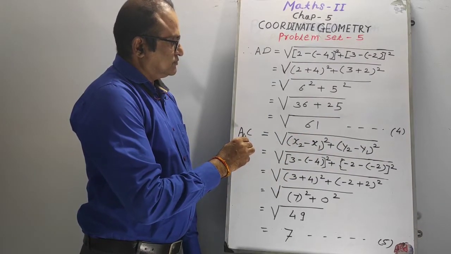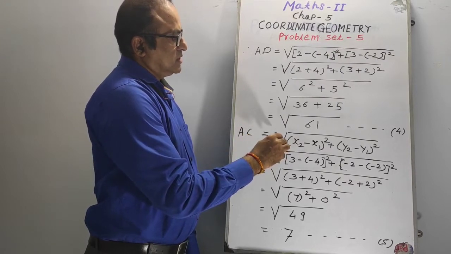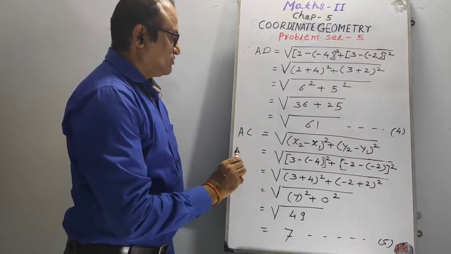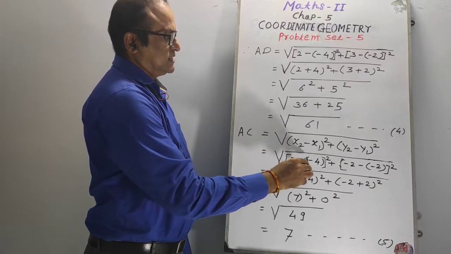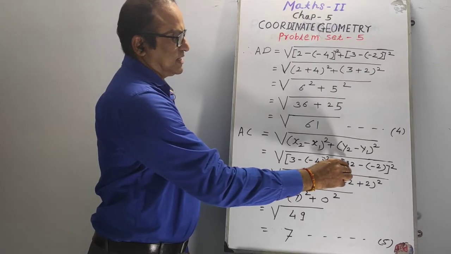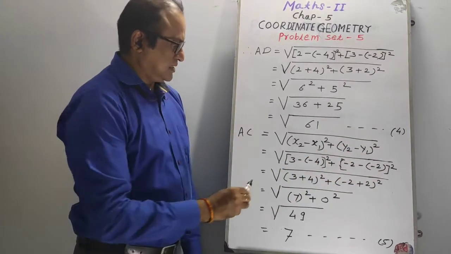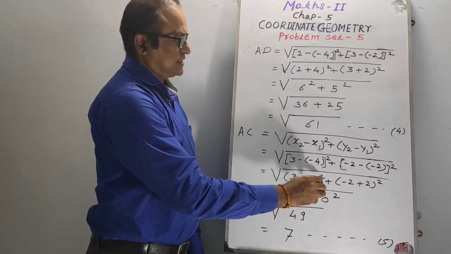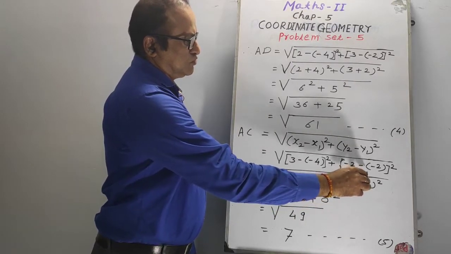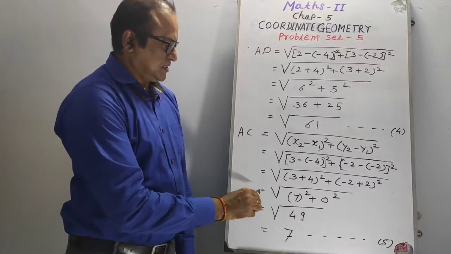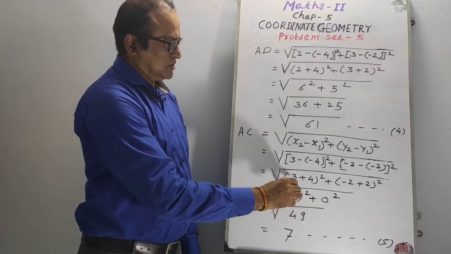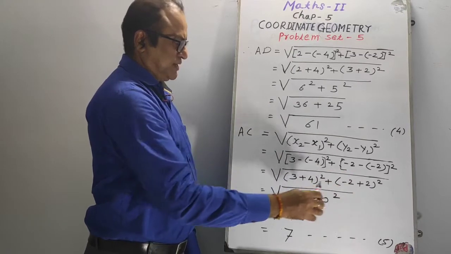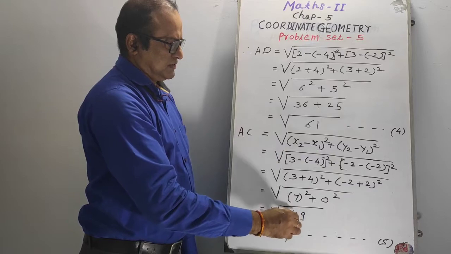Next, find AC. AC is equal to under root (x2 minus x1) square plus (y2 minus y1) square by the distance formula, is equal to under root (3 minus (-4)) square plus (-2 minus (-2)) square, is equal to under root (3 + 4) square plus (-2 + 2) square, is equal to under root 7 square plus 0 square, is equal to under root 49.